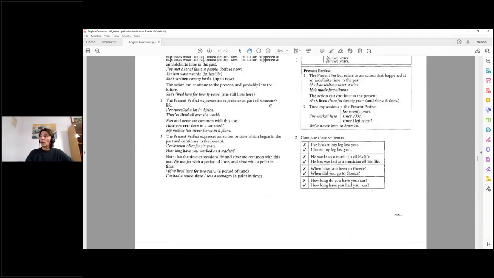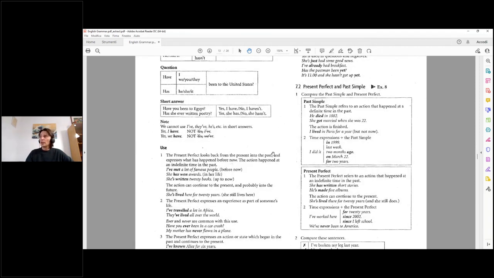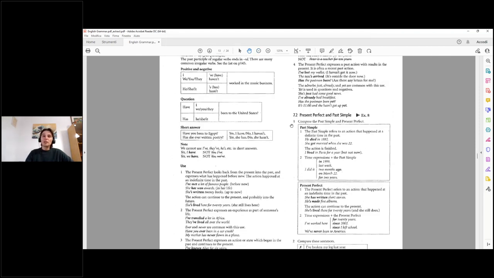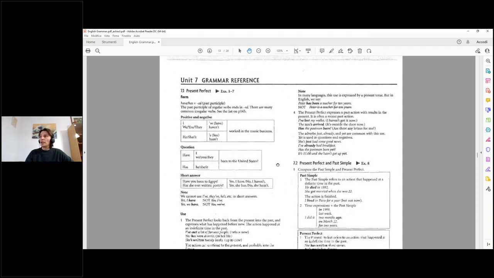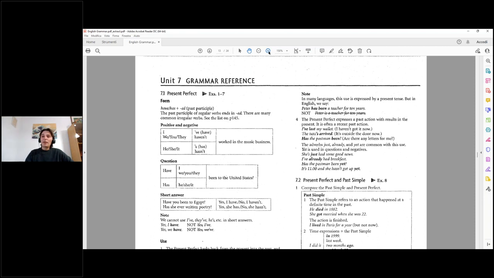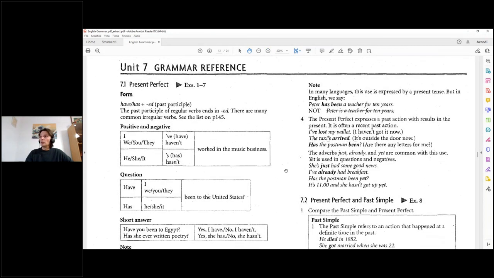I know that I covered it real quick as we focused on the speaking test last lesson. So I know that I didn't spend a lot of time on the grammar reference and present perfect in general. But I think that I gave you enough information to do the exercise.